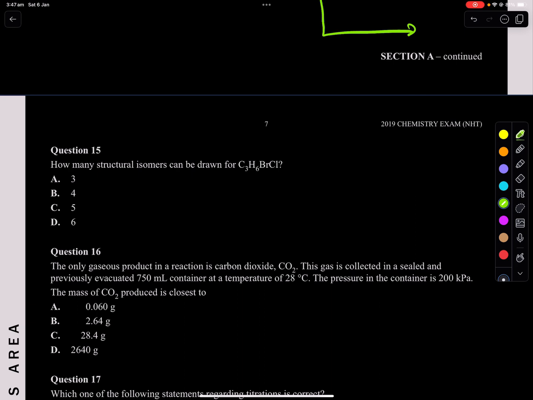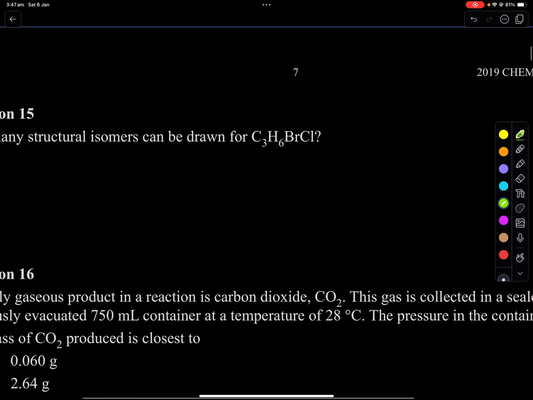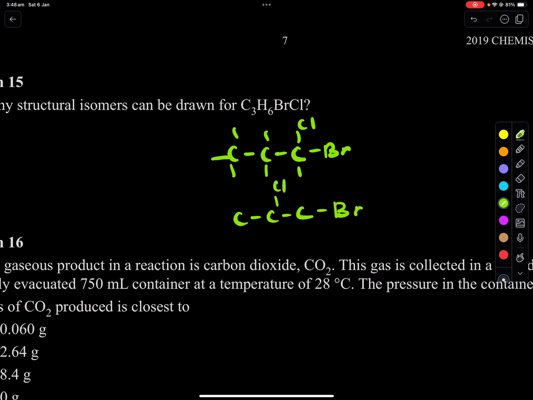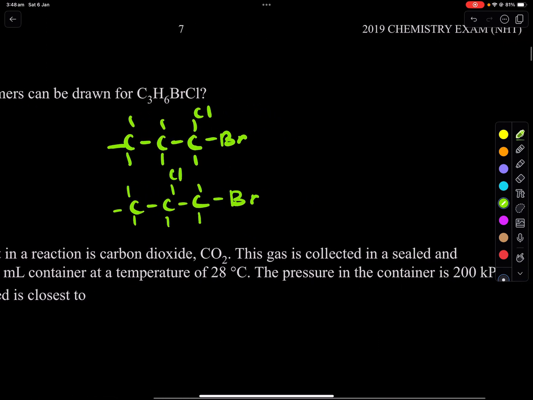Beautiful question, commonly in exams. The way I would always do it is, okay, I'm going to draw these 3 carbons, and say bromine here and Cl here, and that's 1. If I take this bromine and put it here, with Cl here, that's 2.